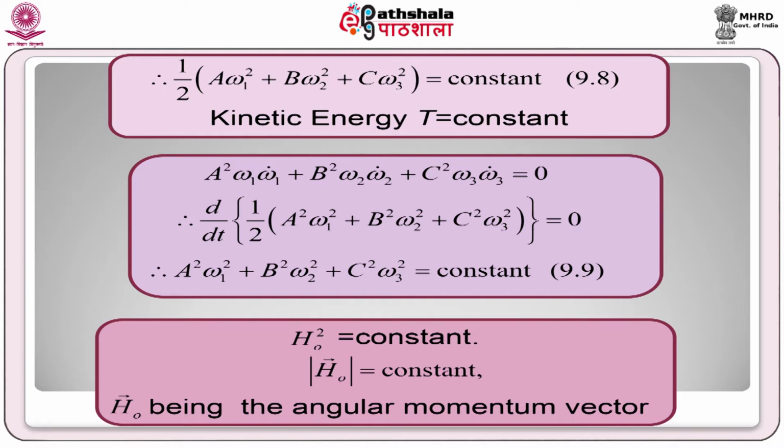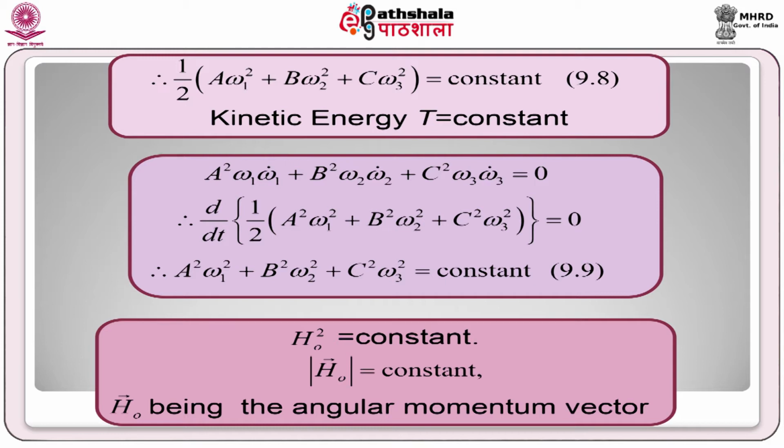This on integration gives capital A square into omega 1 square plus capital B square into omega 2 square plus capital C square into omega 3 square equal to constant. If we denote it as H0, we get H0 square equal to constant.